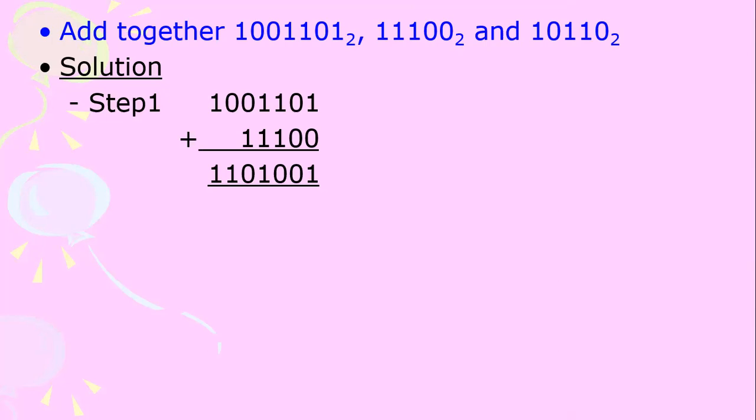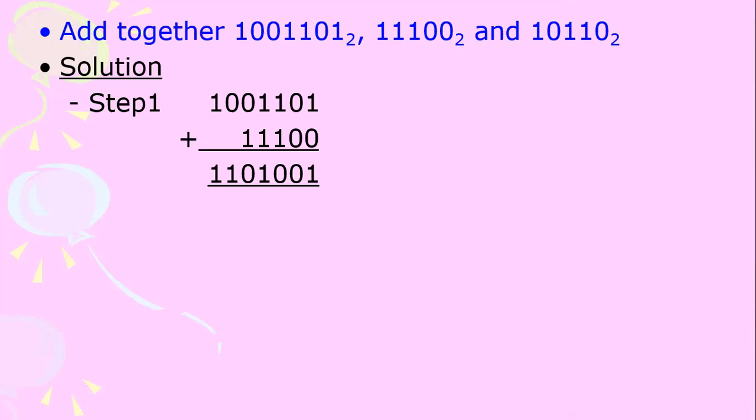While you are moving to the left hand side, we get 1 plus 0 gives us 1. 0 plus 0 gives us 0. 1 plus 1 is 0, carry 1. So we write down 0, we carry 1. 1 plus 1 gives us 0, carry 1.